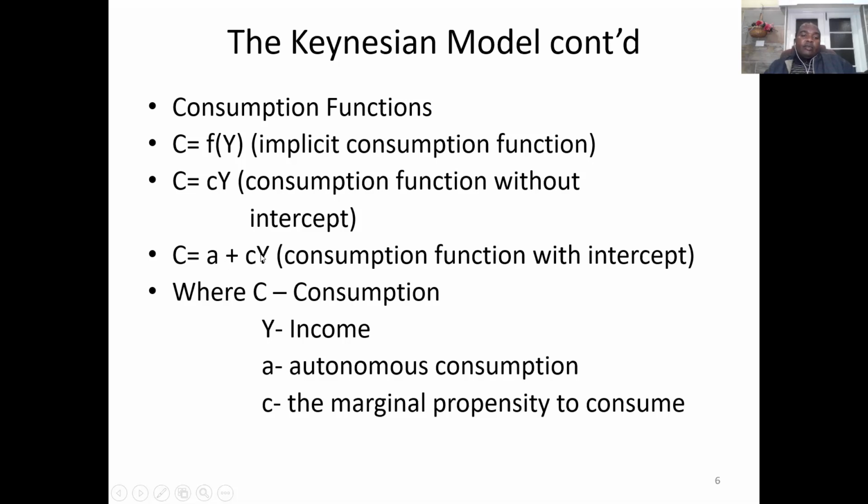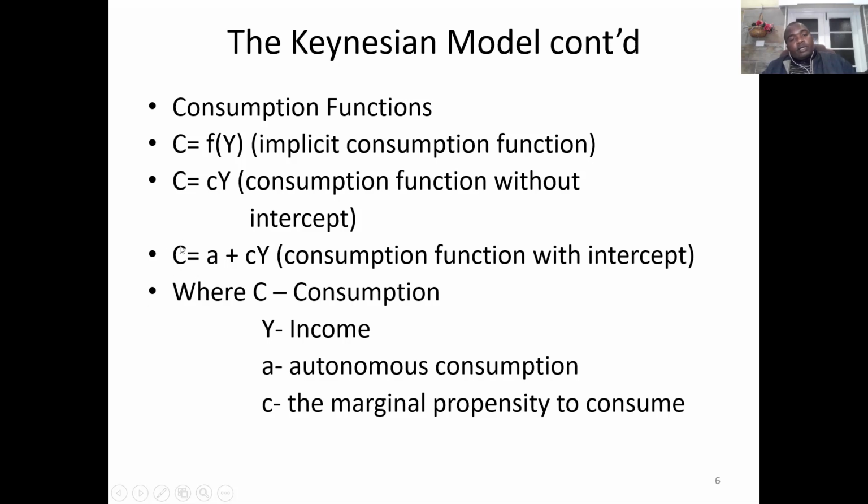But if you substitute 0 here as the level of national income, you realize that even at 0 level of national income, households are able to consume, the assumption being that they will be running down previously accumulated savings.